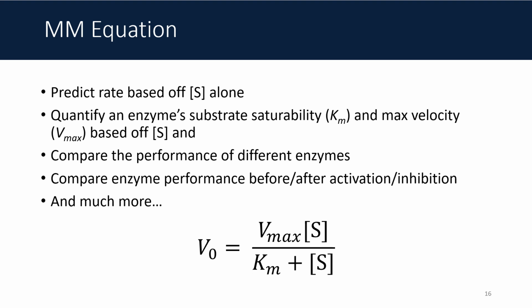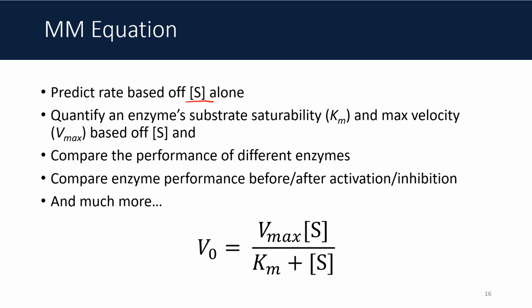We covered a lot of ground today. The Michaelis-Menten equation, I really think, is absolutely breathtaking. I mean, we have a complicated system of an enzyme whose rate law can be first order or second order or a mixture of the two, yet we found a way to calculate the rate of that enzyme just based off of substrate alone.